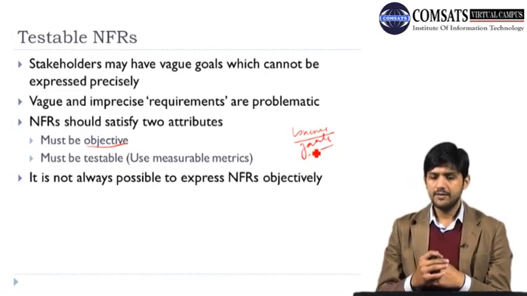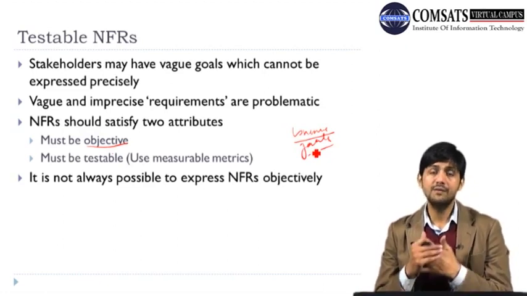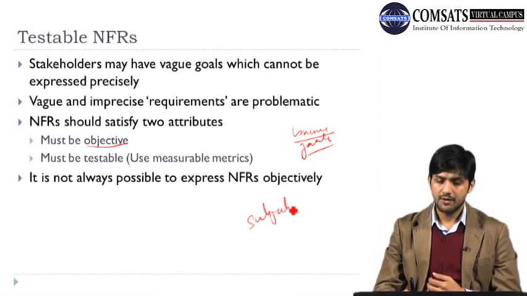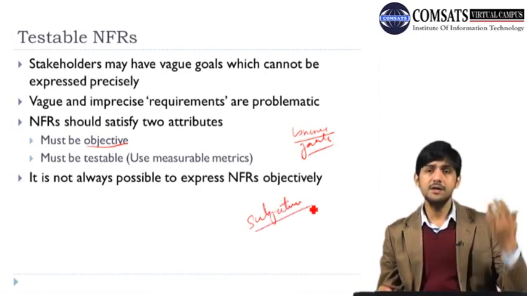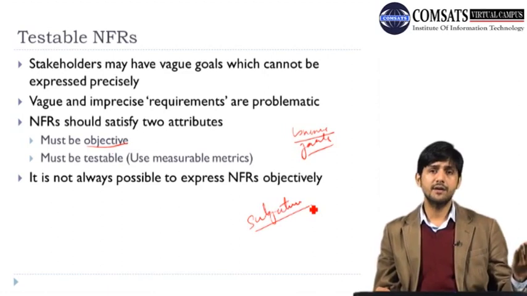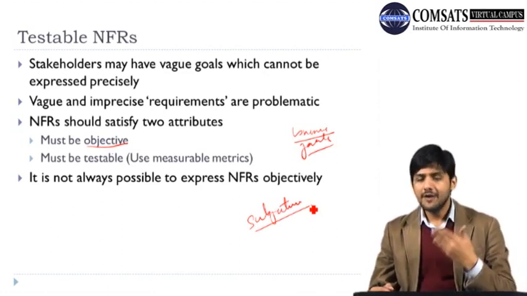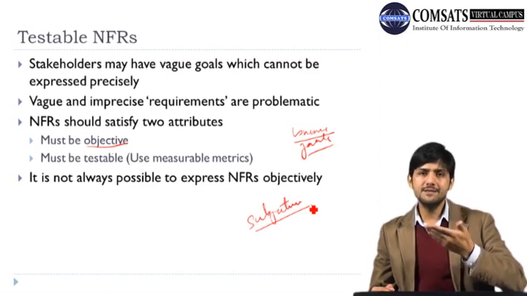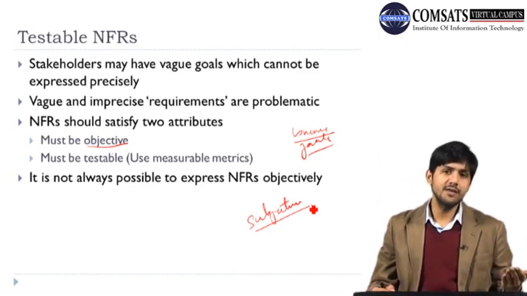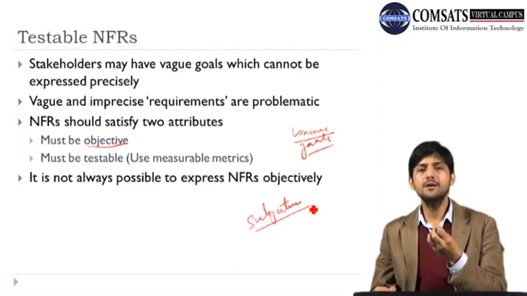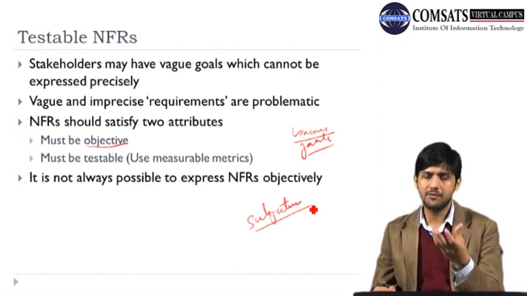These goals and concerns are always vague statements, and at times they are subjective. Why are they subjective? It is similar to the conflicts in functional requirements, because people come from different viewpoints. For one person, performance would mean one thing, and for another person it would mean something different.